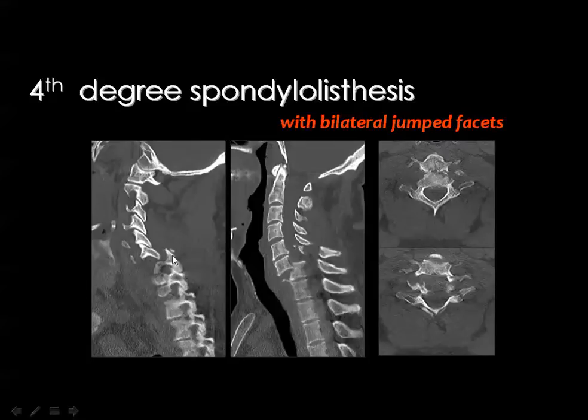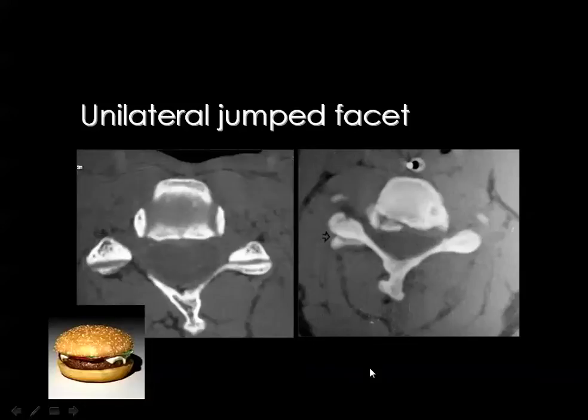Then there is facet locking here, and this can be appreciated in the sagittal as well as in the axial images. This is the normal relation of the articular facets bilaterally, and this is facet locking on the right side with normal appearance of the facet on the left side.